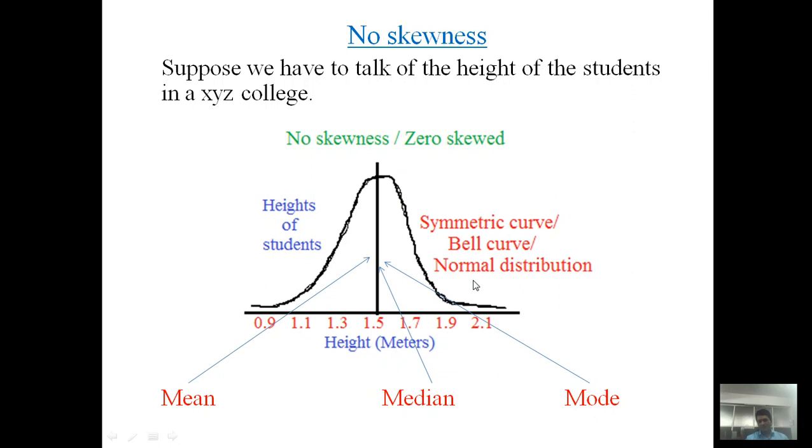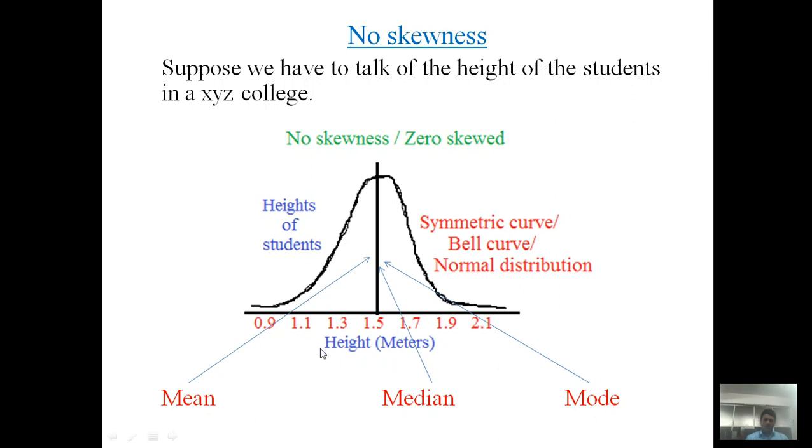The x-axis represents the height of the students in meters, whereas the y-axis represents how many students have a particular height.